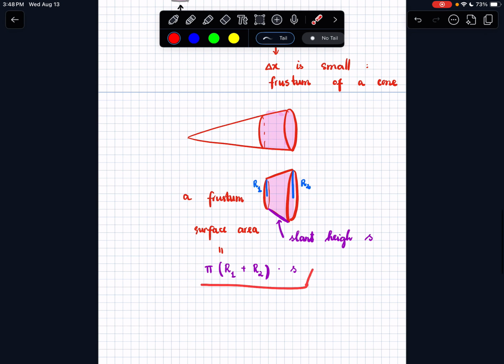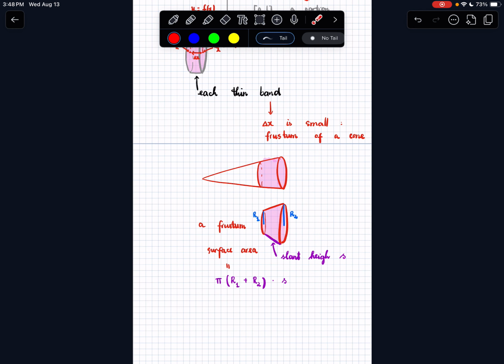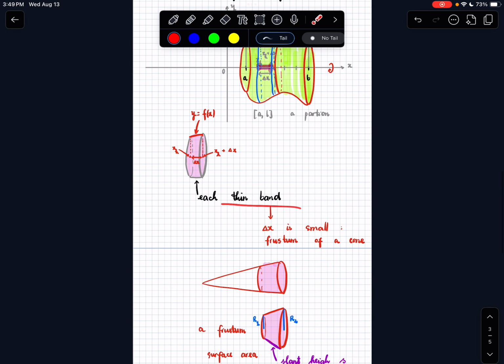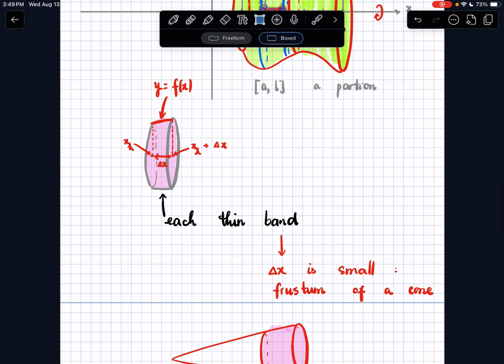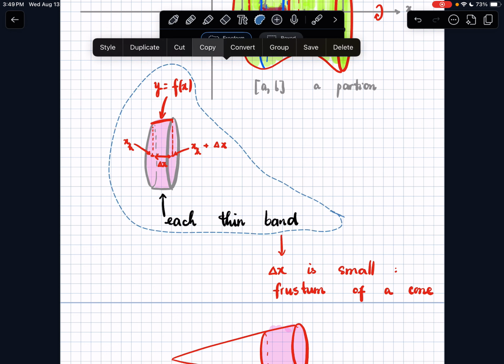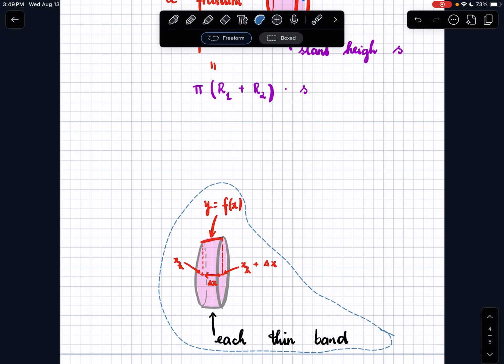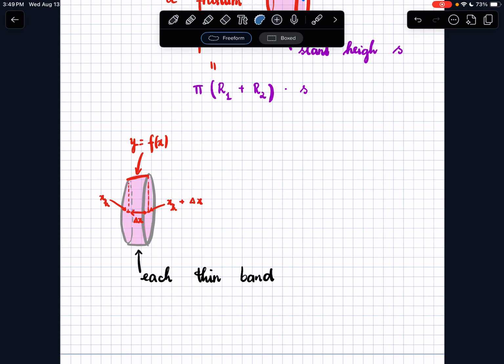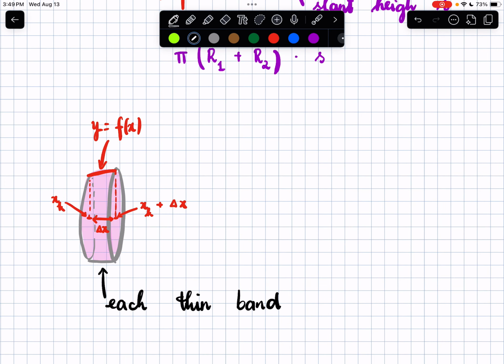Okay, now here is the formula of the surface area of one frustum, so one thin band. In our case, here's one thin band. The surface area of one thin band is pi times r1 plus r2 times s.